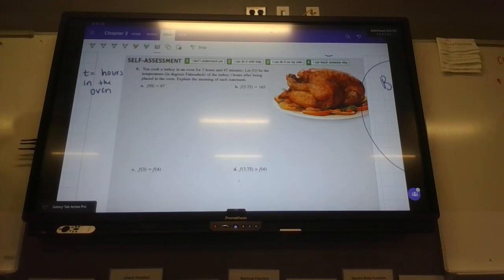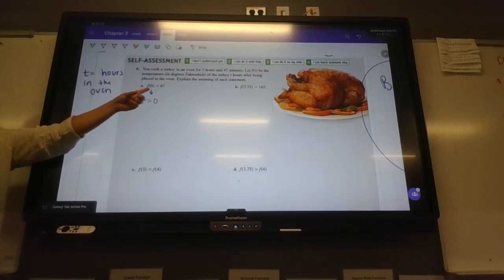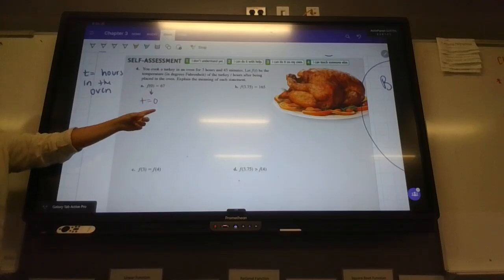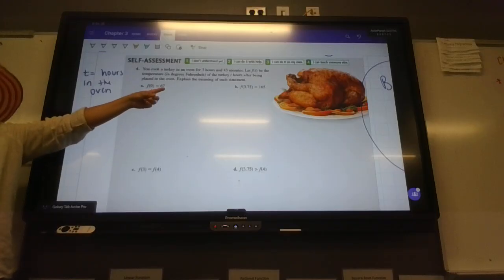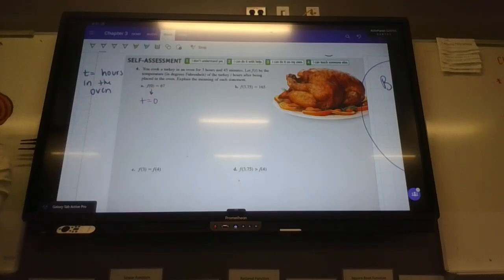It means how long the turkey's been cooked. So for this, I would say T equals 0. So how long has the turkey been cooked? Not 3 hours in this situation. In this situation, we're at 0 hours. And then what's the temperature of the turkey? 67.